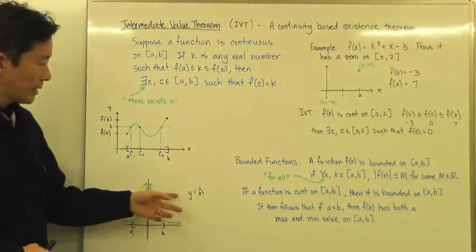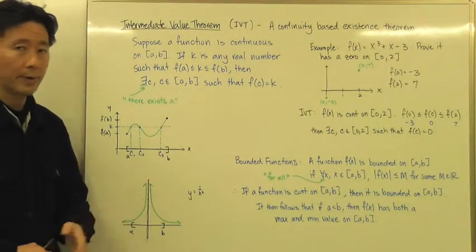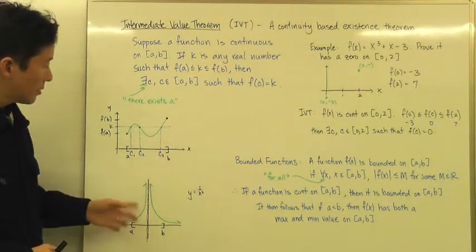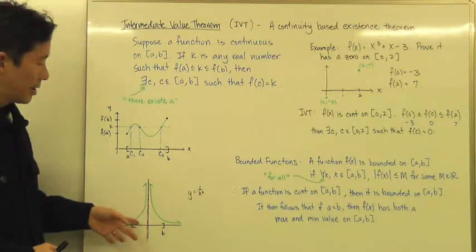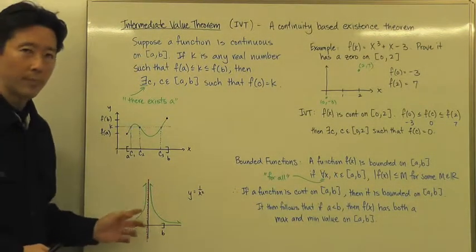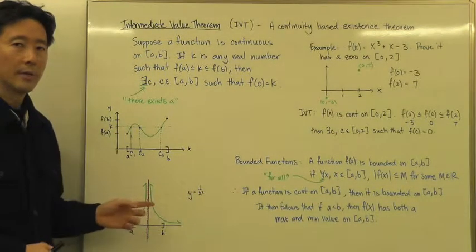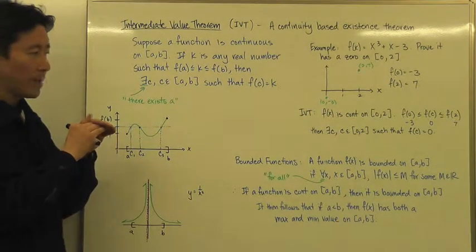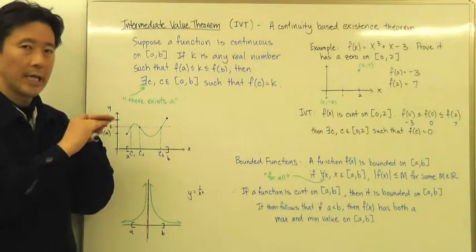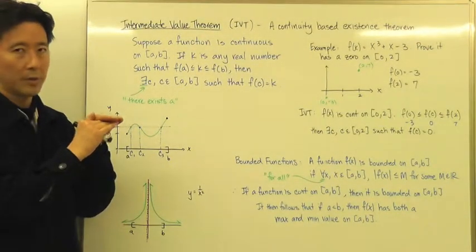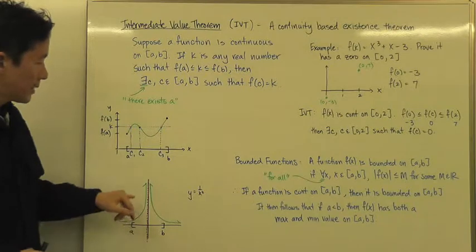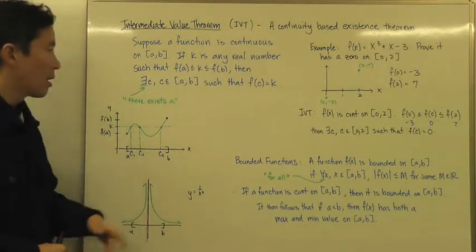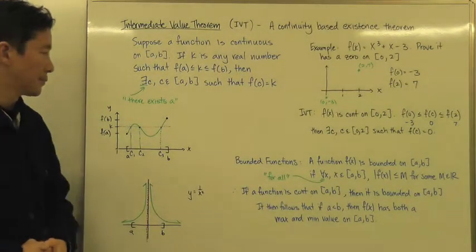And if we take the limit as x approaches 0 from either the right or the left, we're going to come up with positive infinity. So notice that in this particular case, this function would not be considered bounded. There is no m value such that we can say that all of the range values of this function are going to be less than or equal to that value. So this would not be considered a bounded function on that closed interval.